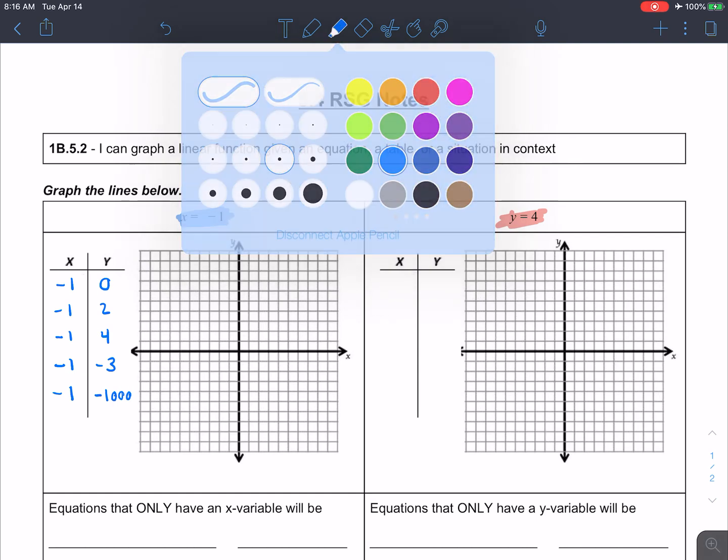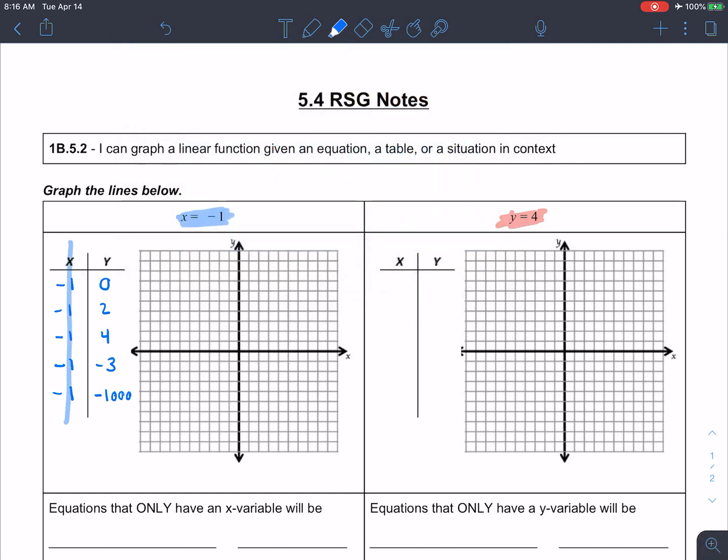Every single one of our x values is -1. That's the important part. Well, when I go to plot some of these, at -1, 0, it's right there. At -1, 2, at -1, 4, at -1, -3, we end up getting all of these points that when we connect them, we get a vertical line.